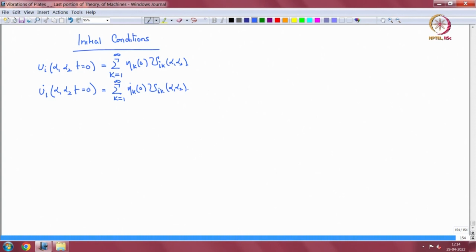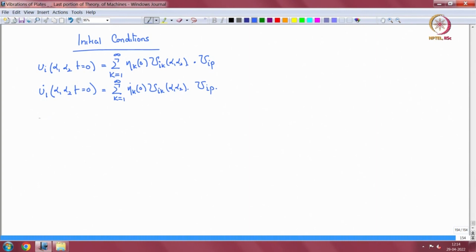Okay. So now if we multiply this by a different mode shape and sum it up as before, okay, so what do we get?